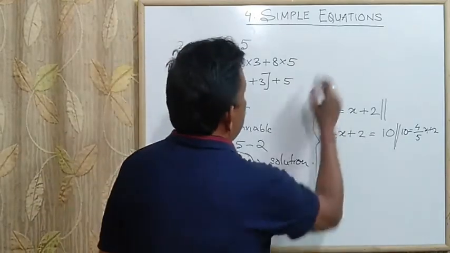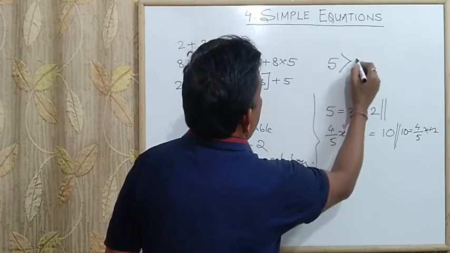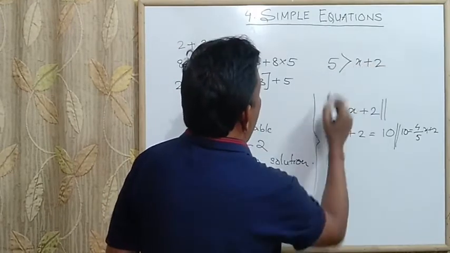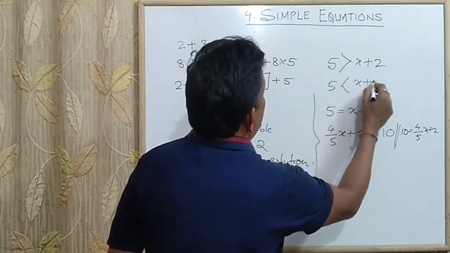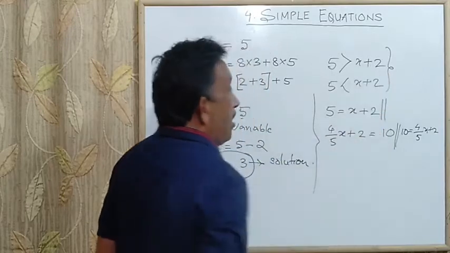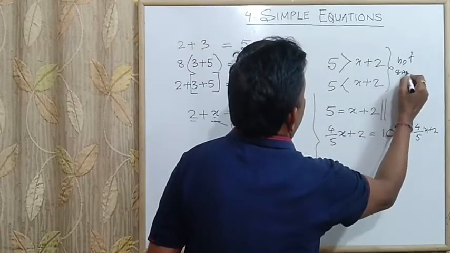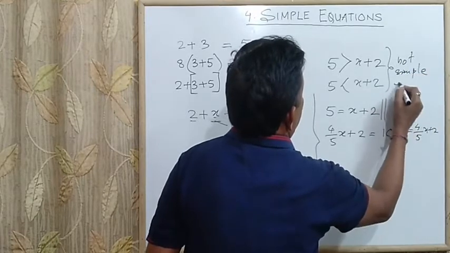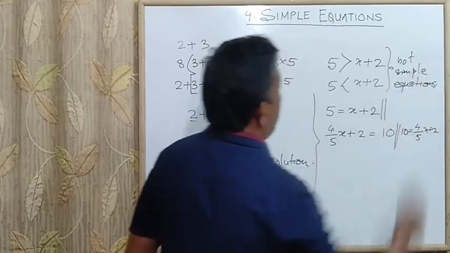The second point is, if I write this statement as 5 is more than x plus 2, or say 5 is less than x plus 2, so these are not simple equations. Understood the difference?